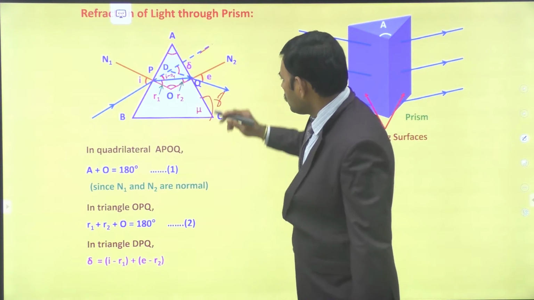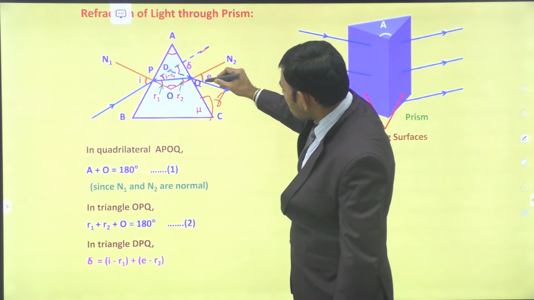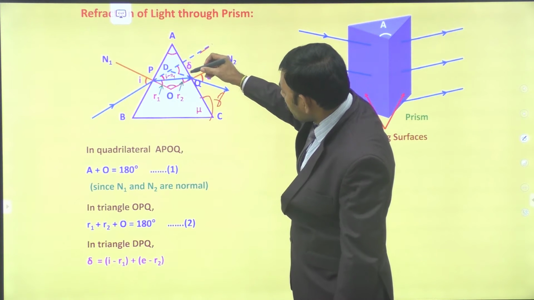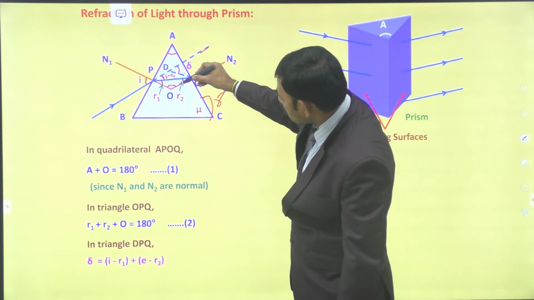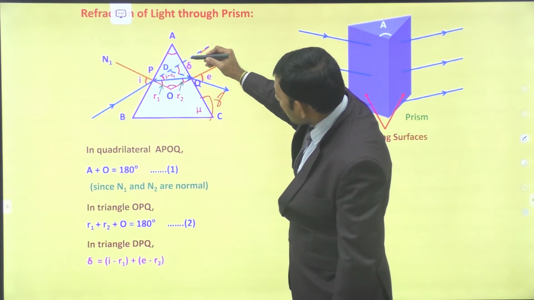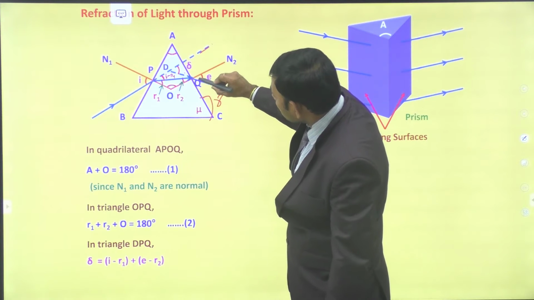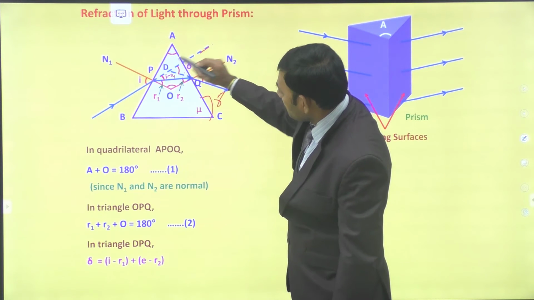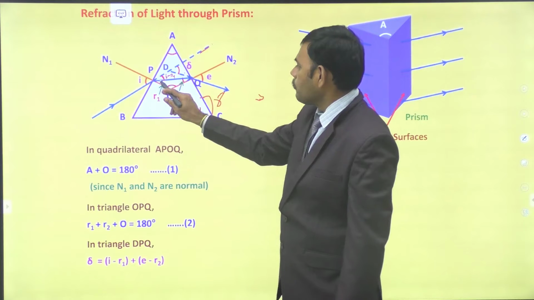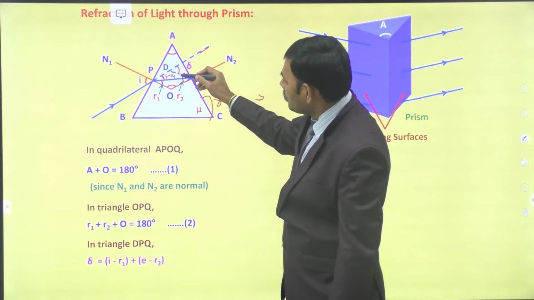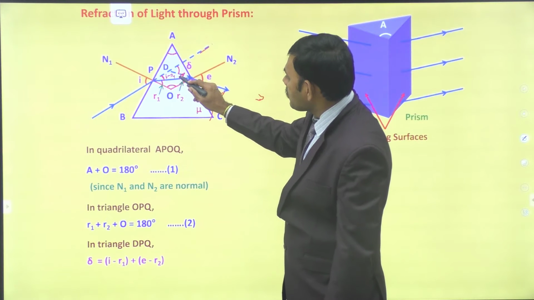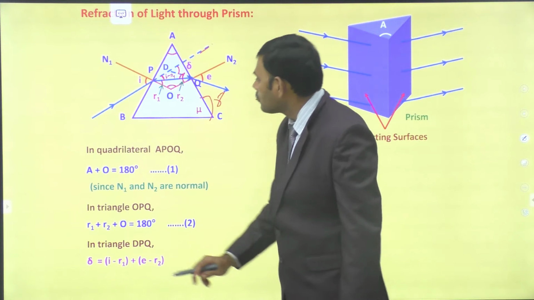As well as this angle is angle of emergence, therefore this total value is also angle of emergence. Therefore the angle between the prolonged light ray QD with refracted light ray, this small angle, is E minus R2.